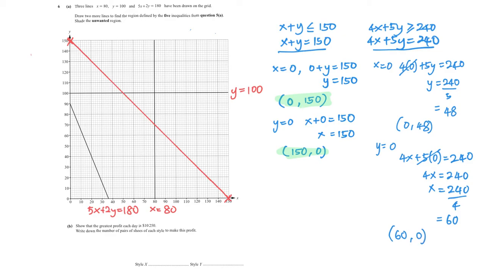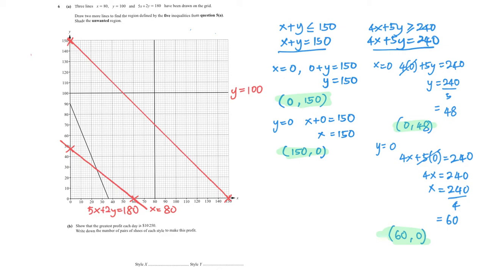So there are two coordinates, 2 points we will plot on the graph, and we will connect them. I have plotted 2 points here, 0, 48 and 60, 0, if you can see on the graph. And I'm going to connect it. Alright, it's done, and I have these two lines now.